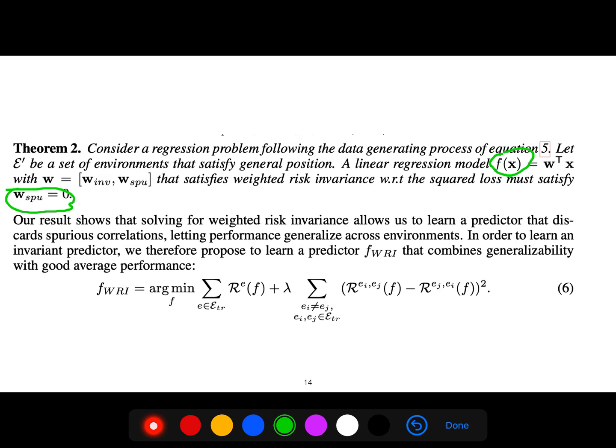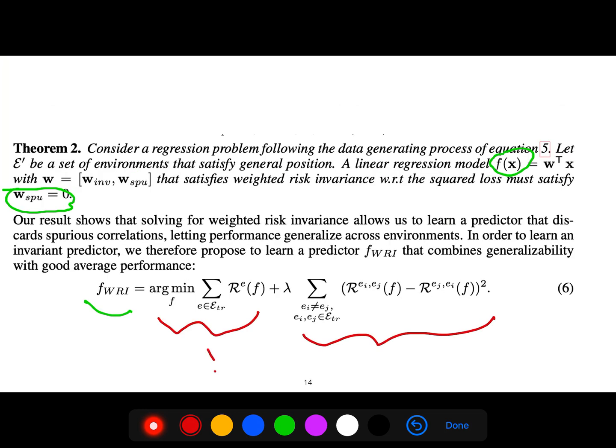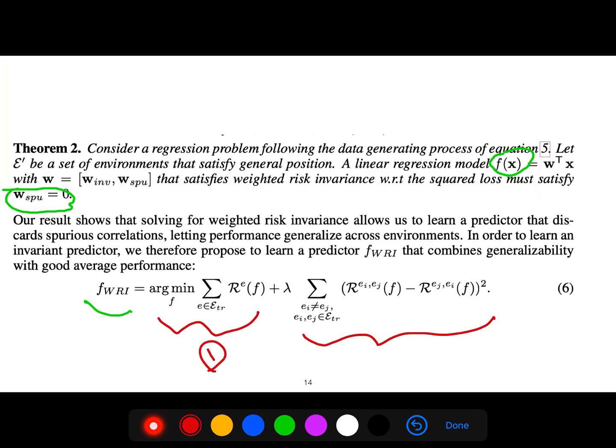So in order to learn an invariant predictor, we therefore propose to learn F WRI that combines generalizability with good performance. This is the first term, and the first term enforces ERM.